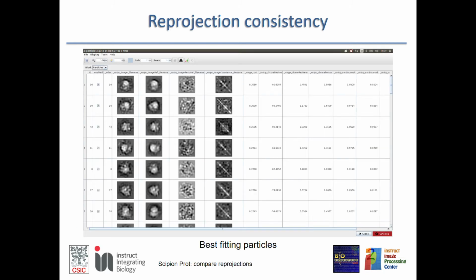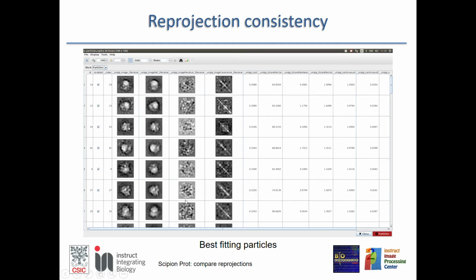And for making sure that your structure is the good one, you can reproject your structure and compare the reprojections to the 2D classes. So for instance, this is the reprojection, these are the 2D classes, and then these are the differences between those.